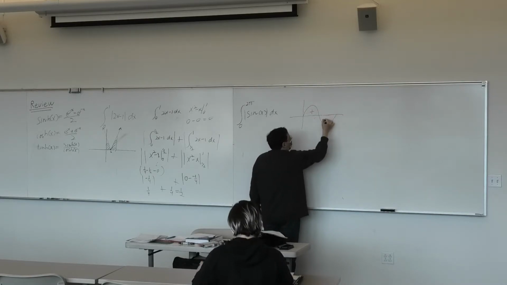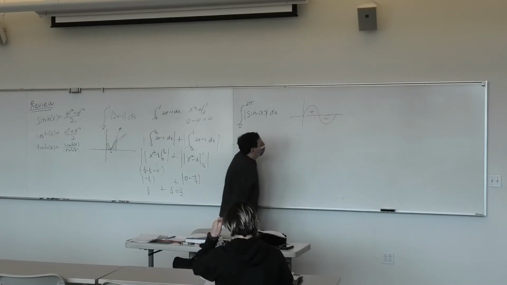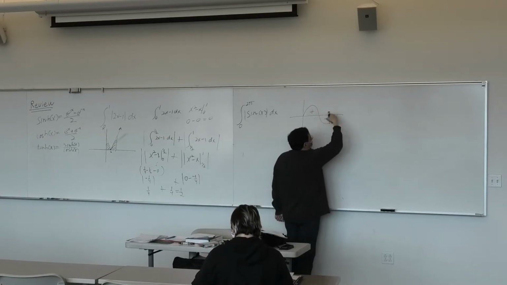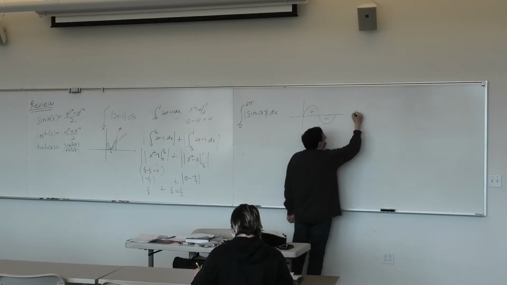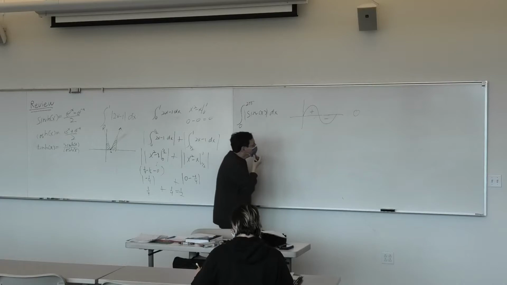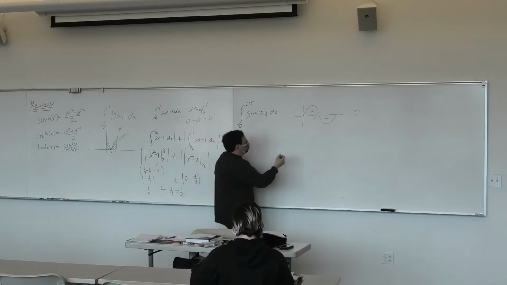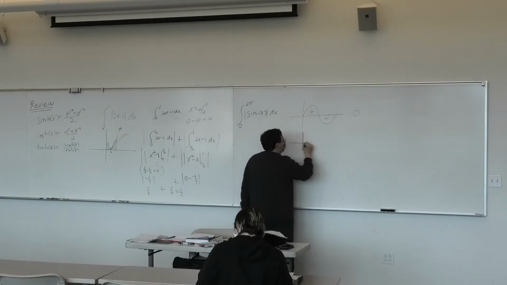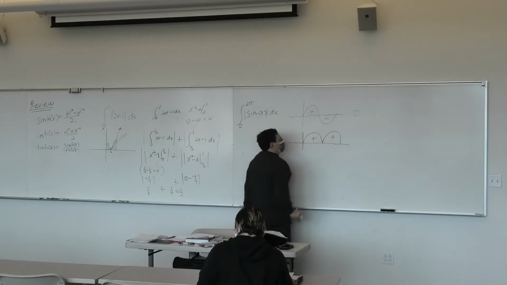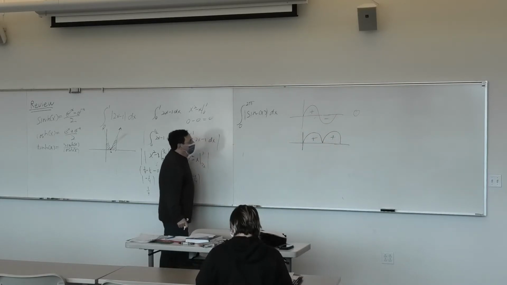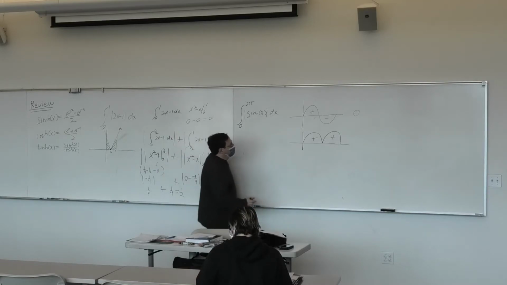So we're going to get positive and negative area. And if I don't have the absolute value sign, I'm going to get 0. But if I apply the absolute value, it's going to look like this. And you're going to get 2 positives that are going to add together.